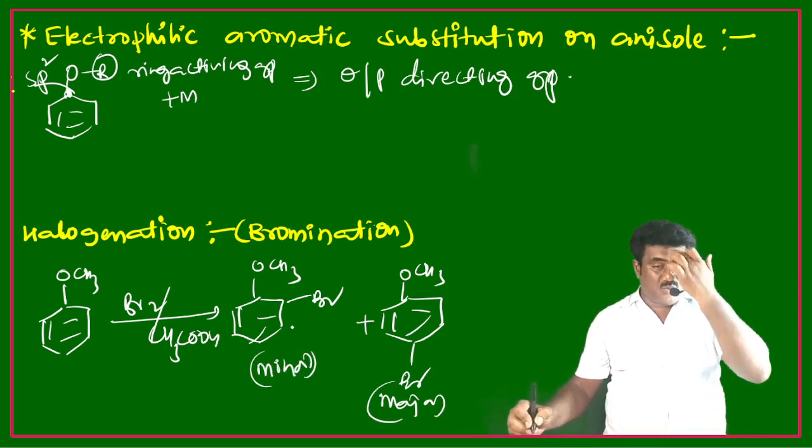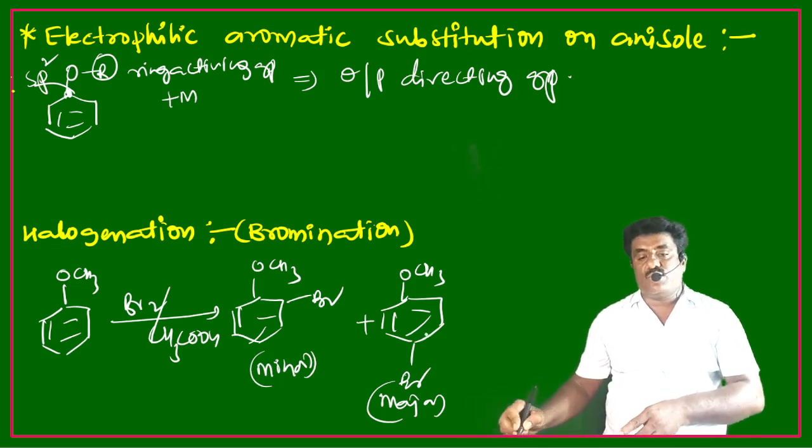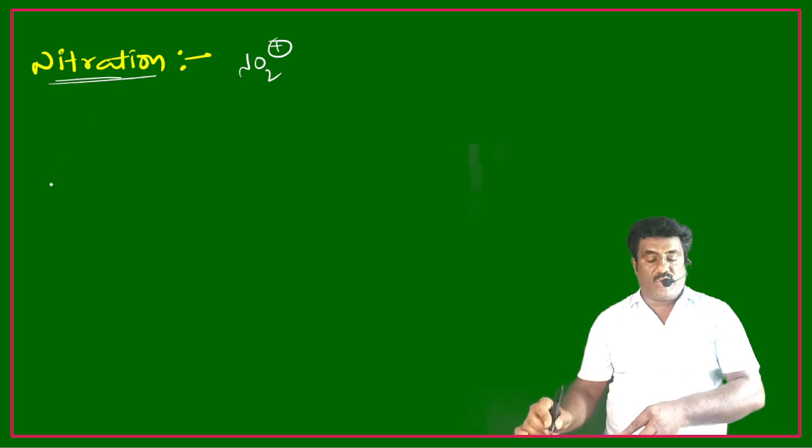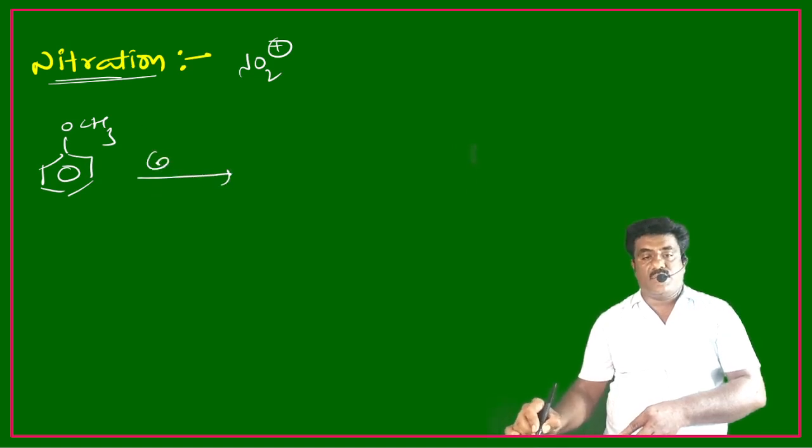This is for bromination. Have a look at the next reaction, nitration. In nitration, what is the electrophile? NO2 plus is the electrophile. I am taking anisole OCH3 in the presence of the nitrating mixture, concentrated HNO3 and H2SO4.